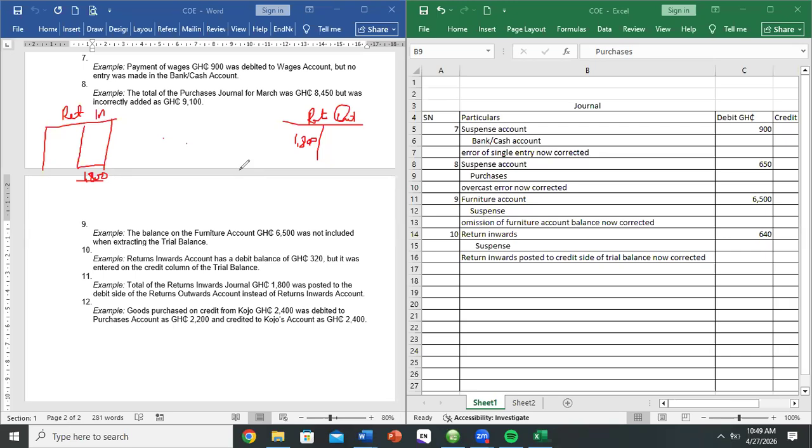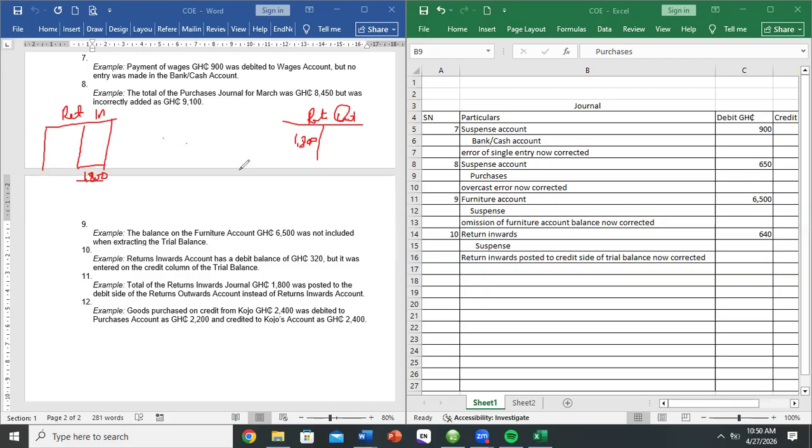I'm a happy man. Okay, so because I brought it as part of the errors that affect the trial balance, Austin was deceived to believe that it can never be an error that does not affect the trial balance. But Portia and Josephine thought otherwise.